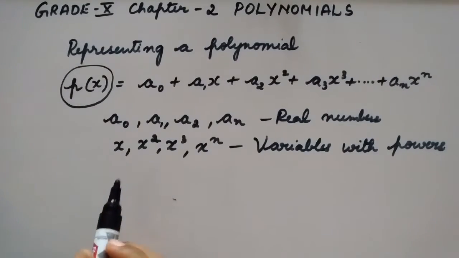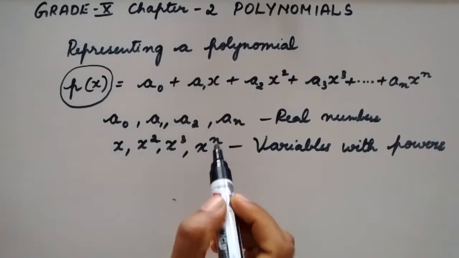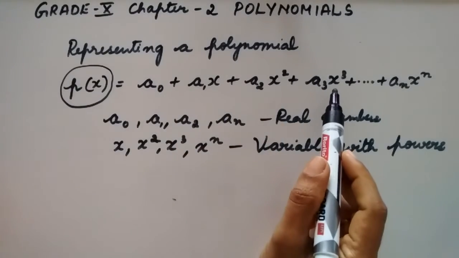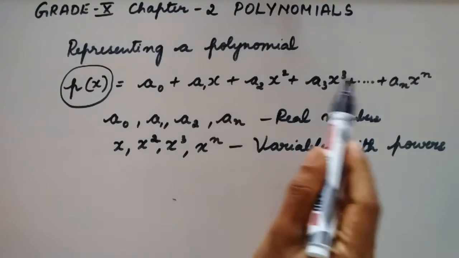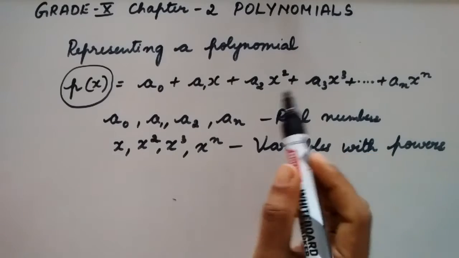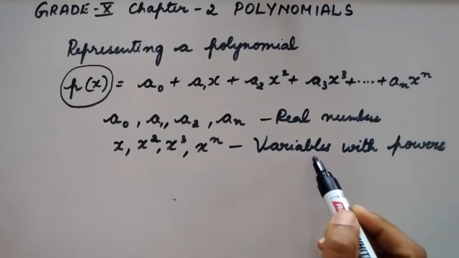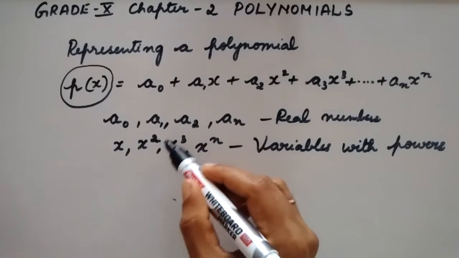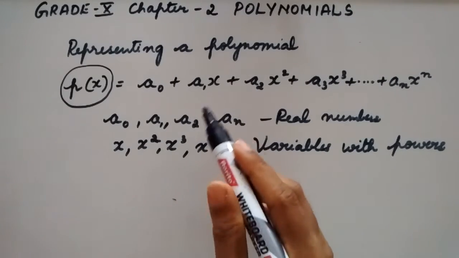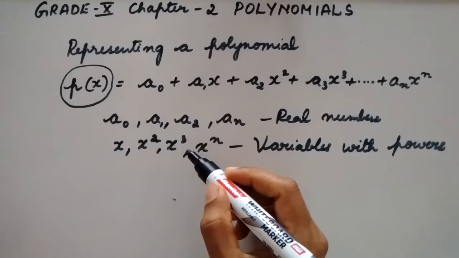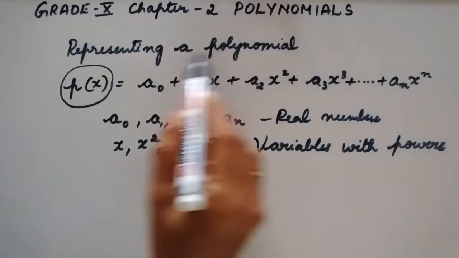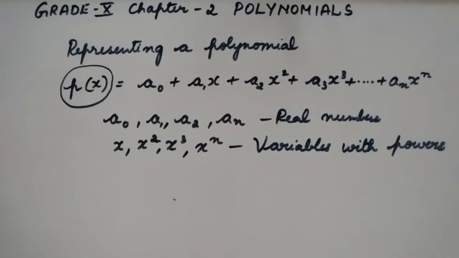And these are the terms which are connected with plus signs. They have a real number part as well as the variable part. And the variable part satisfies the condition that its power is a positive integer. So it is called a polynomial. This is a general way of representing a polynomial.